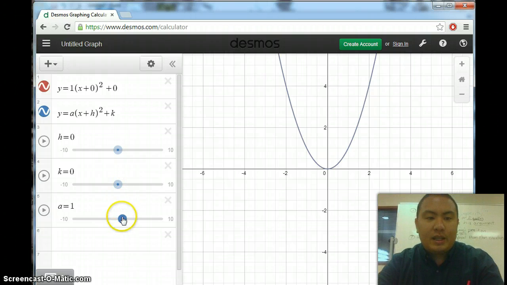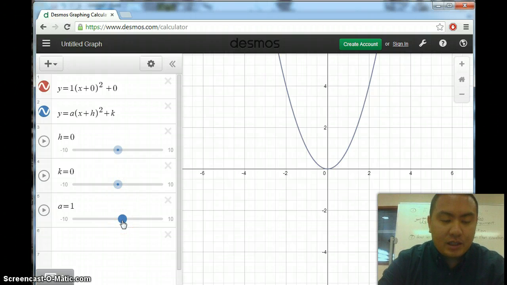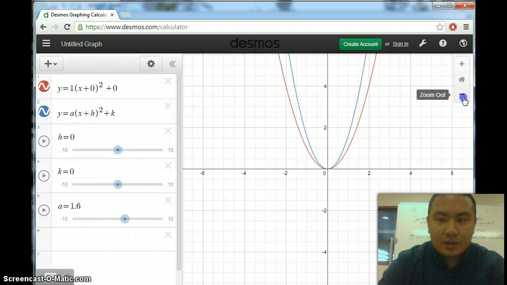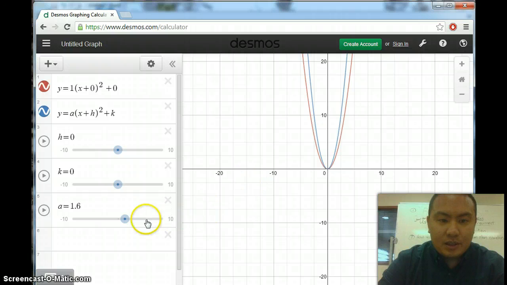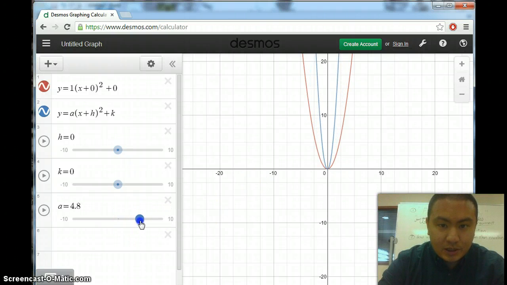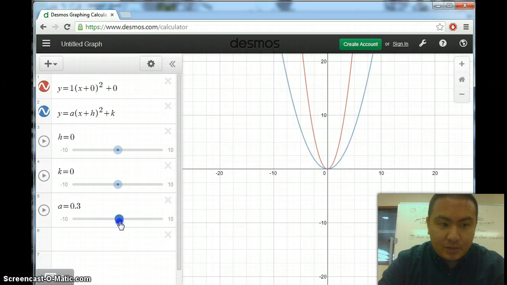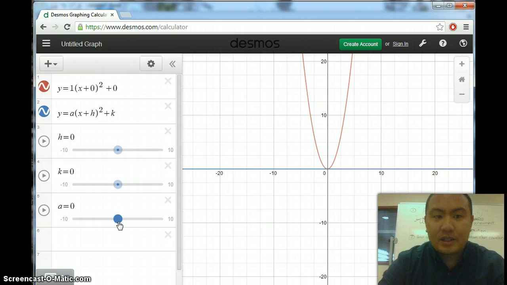Now, what does the a do? If I move the a and make it bigger, it's going to get taller. Some people like to call it getting skinnier, but it just moves up faster. As I make it less than 1, it becomes wider. If it becomes 0, anything times 0 is just going to get stuck there.